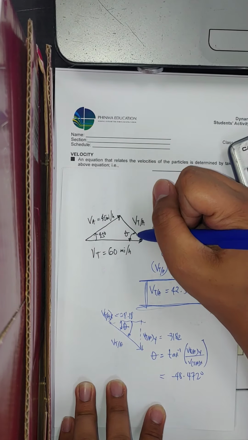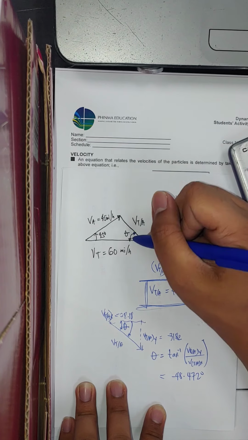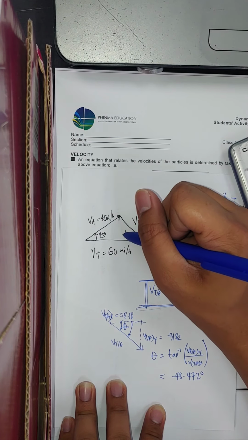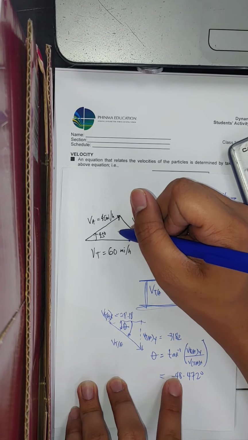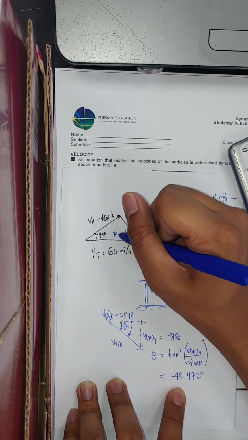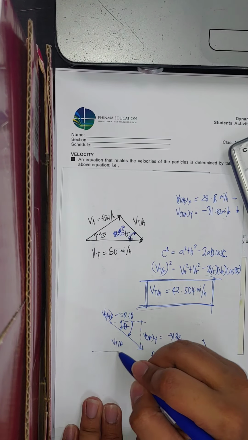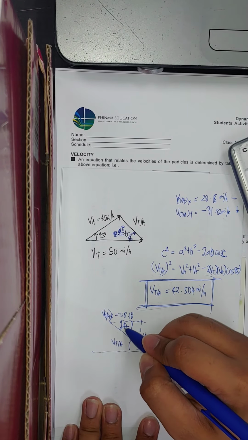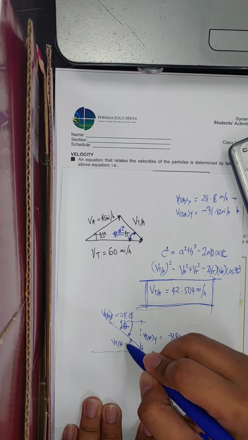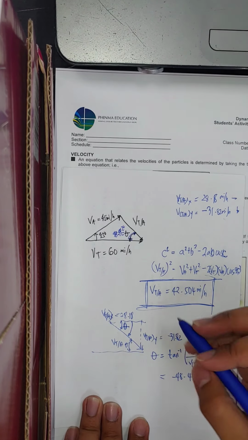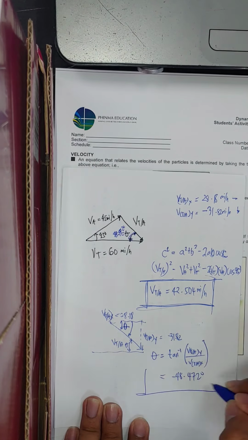So its relative direction from this side is equal to 48.472 degrees. Okay, if you extend it here, it is the same angle here. So this is our answer.